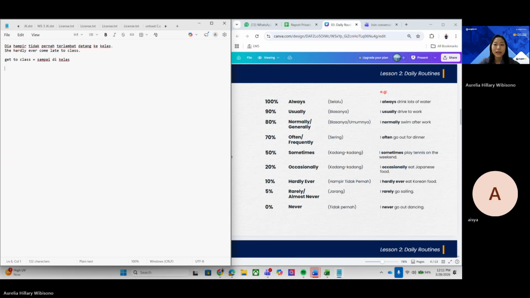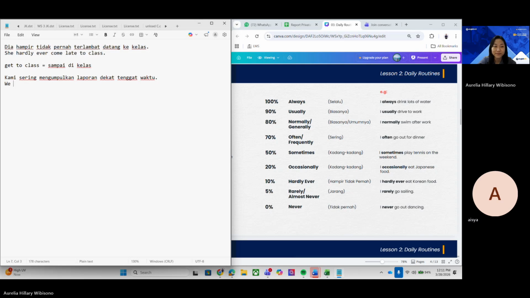Okay. And then another one. Kami sering membutuhkan, apa, deadline. How to say it in English? Kami.